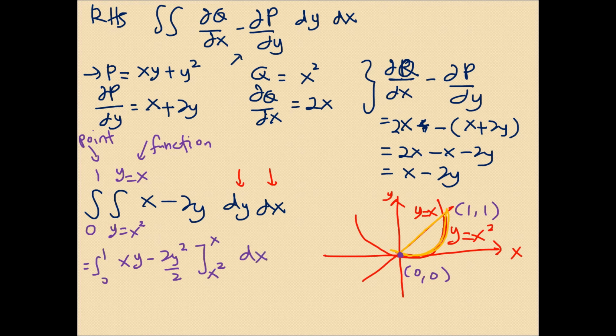You substitute the limits and you get x times x minus x squared, minus x squared, plus x squared to the power of 2. Then you solve it.